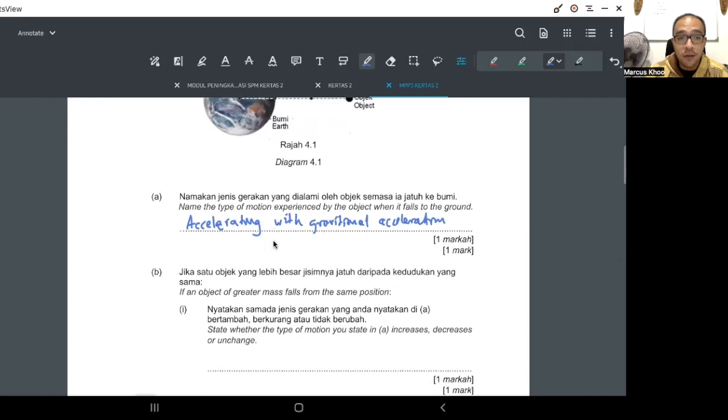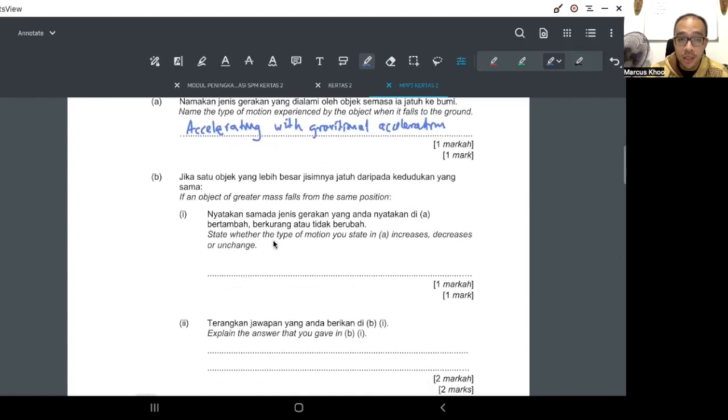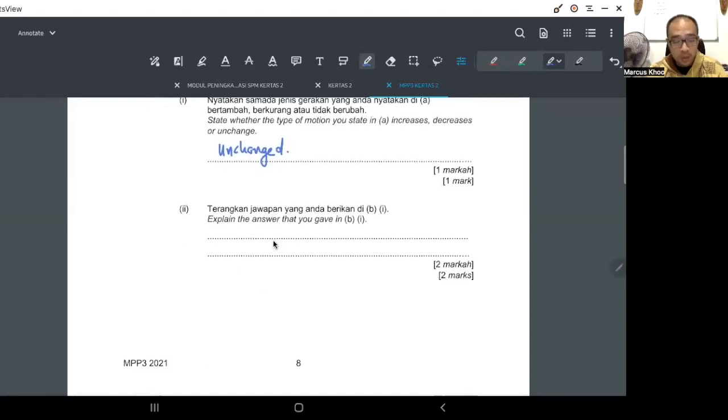Now if an object of greater mass falls from the same position, state whether the type of motion you stated is increased, decreased, or unchanged. Obviously, it will still be unchanged, still accelerating with the gravitational acceleration. Why?